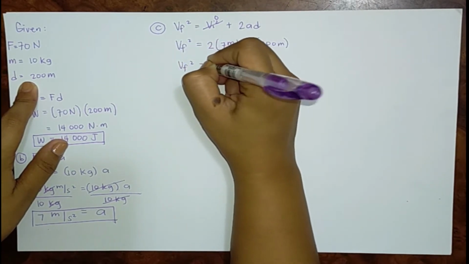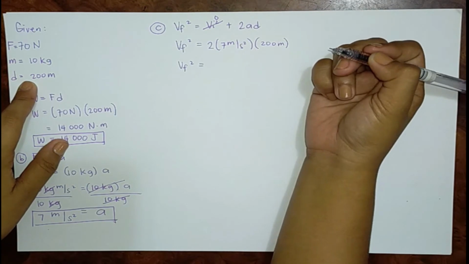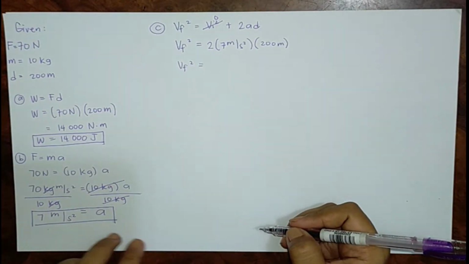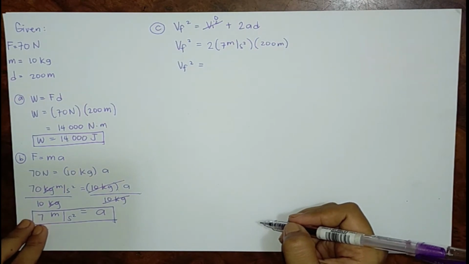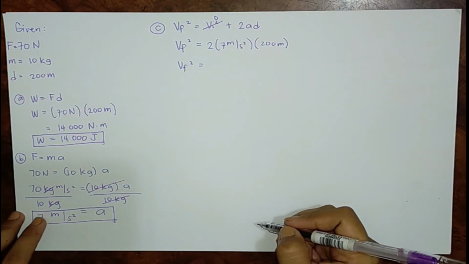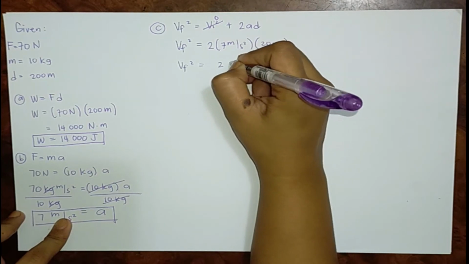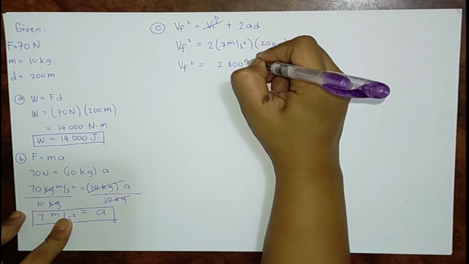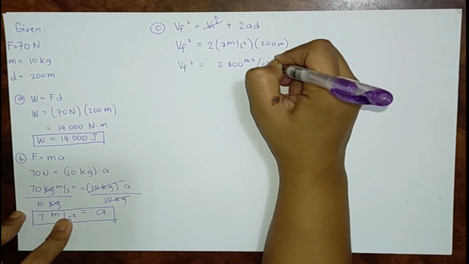So we have Vf squared is equal to 2 times 7 times 200, and that is equal to 2,800 meters times meters. This is meter squared per second squared.